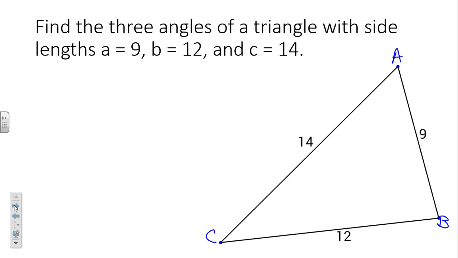Oh, I'm sorry, I put them in the wrong spots. A was opposite 9. I didn't see the sides were denoted. Good catch. A is opposite the 9, so this is A. B is opposite 12, and C is opposite 14.